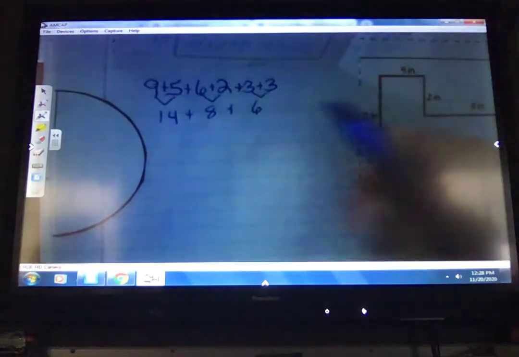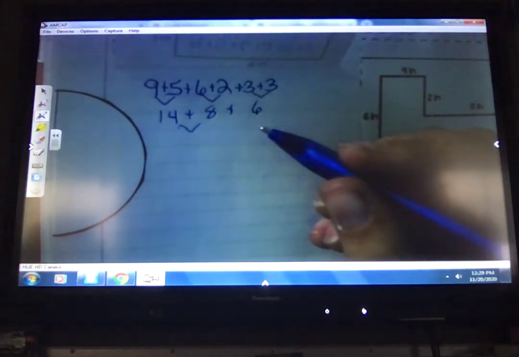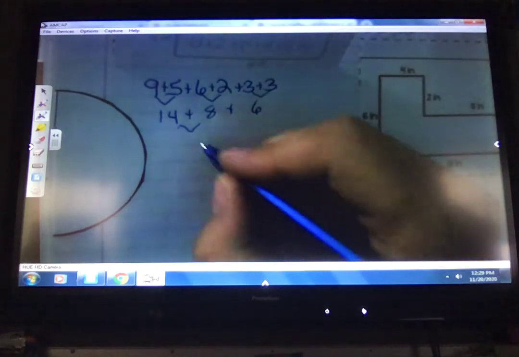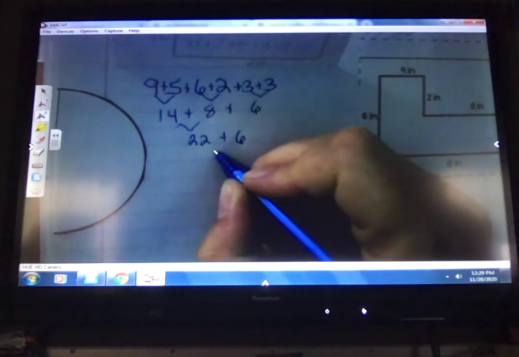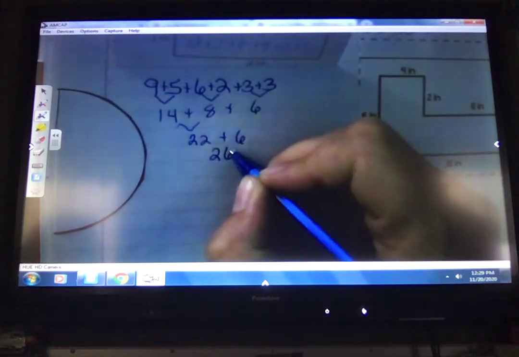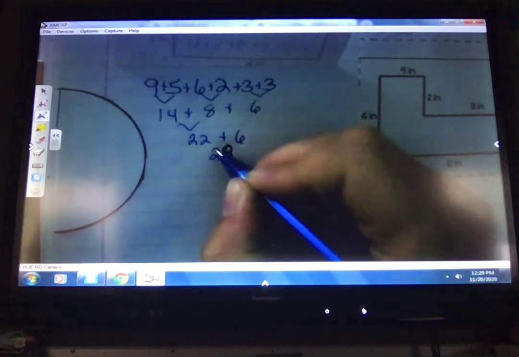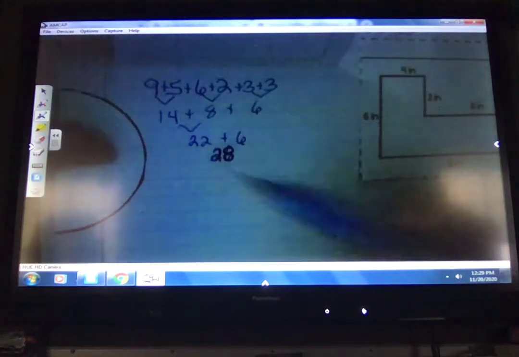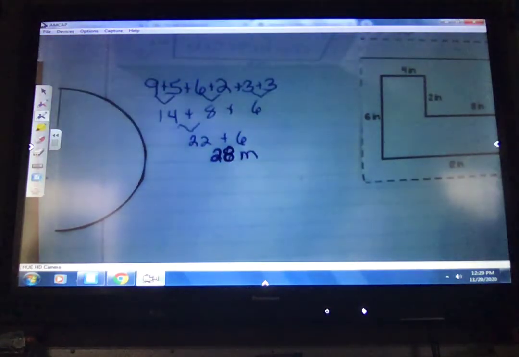Then I'll add those together. 14 and 8, 22. 22 plus 6 is, of course, 26. I'm sorry, 8 is 28. Let me add those together, 28. So 28, and it is meters. M stands for meters. 28 meters on our first shape.